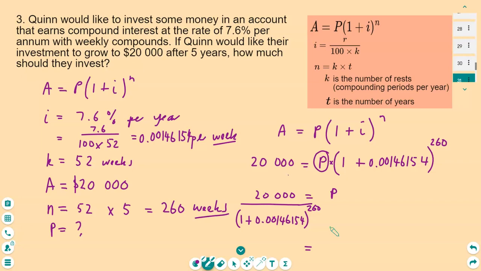And let's raise that to the power of 260 on that denominator. Carefully entering those numbers. Now I hope this is right. I initially thought that it was wrong, but it's all good because we're finding the principal, so it should be less than the amount.